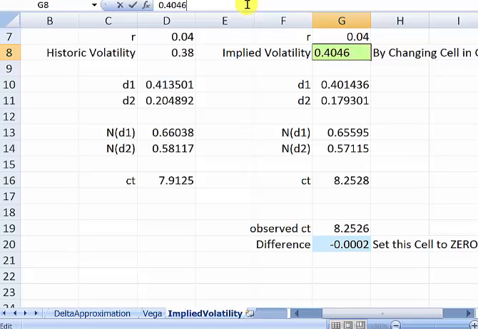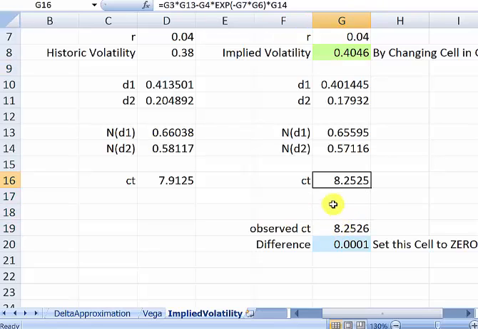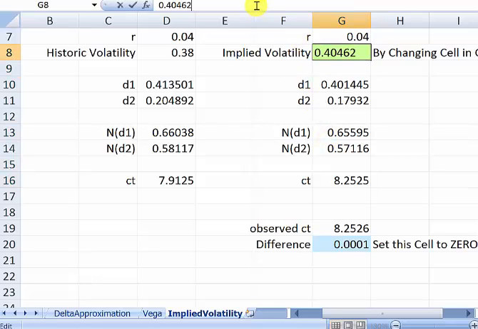This is exactly what Excel is doing: searching for a volatility number that gives me a very small difference between the observed call premium and the theoretical Black-Scholes call premium. And I guess I can do slightly better, just delete this two. Give it 1. So actually 6.2 is good. Fine. Okay, now it's good.